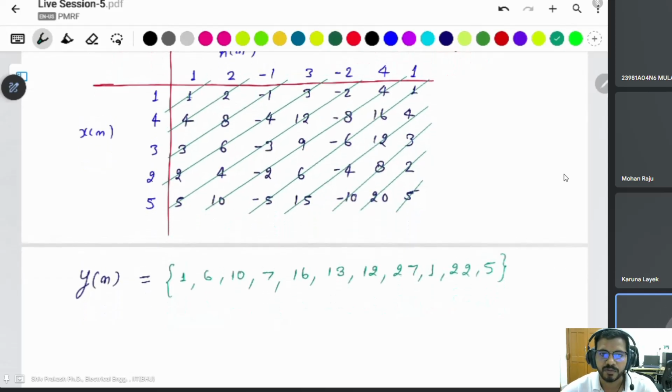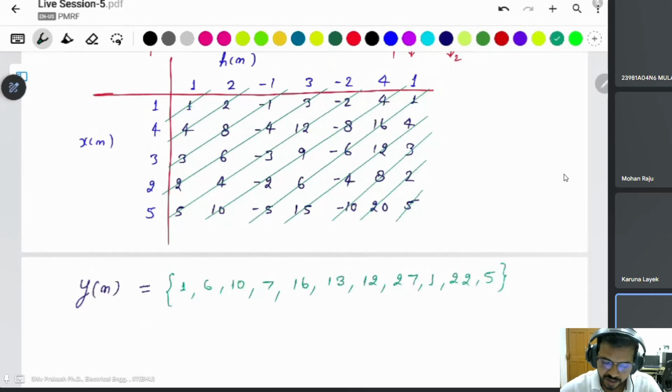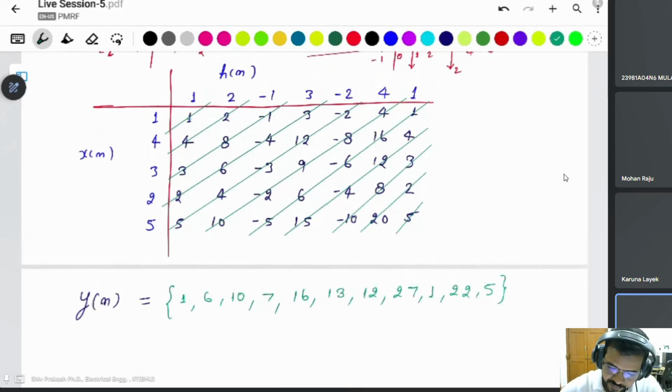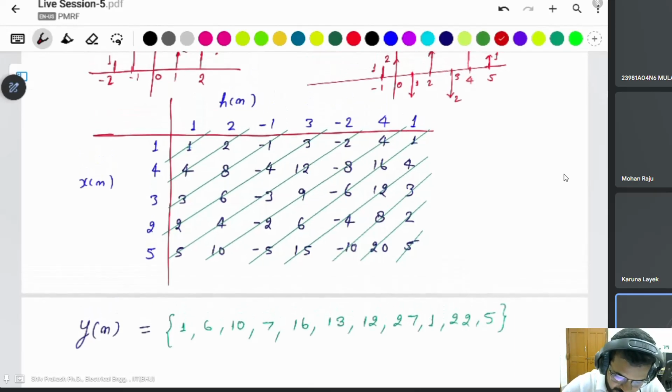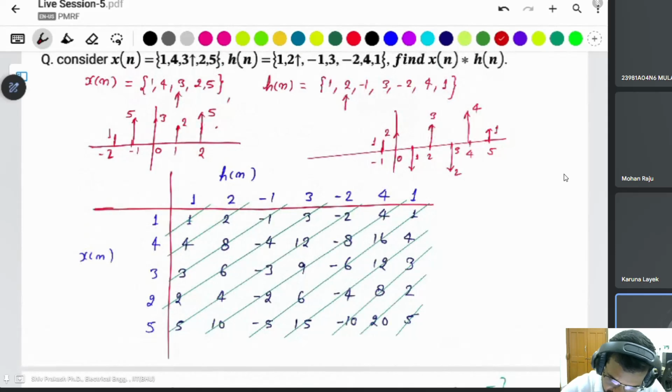This is the convolution of the finite duration discrete signals. You can find it like that, but you have to find the zero. Where is the origin? First of all, find the origin at h[n]. In h[n] it will be 2, and in x[n] this will be 3. So where will they meet? 2 and 3 will meet here.